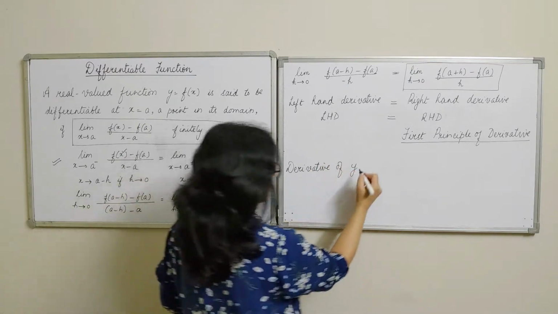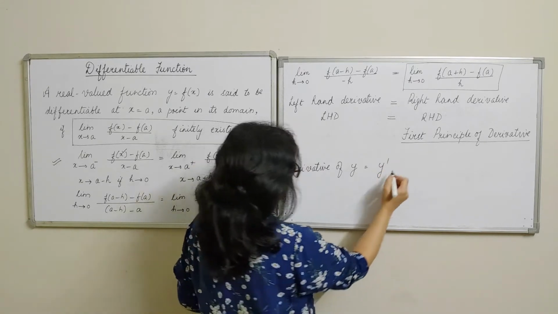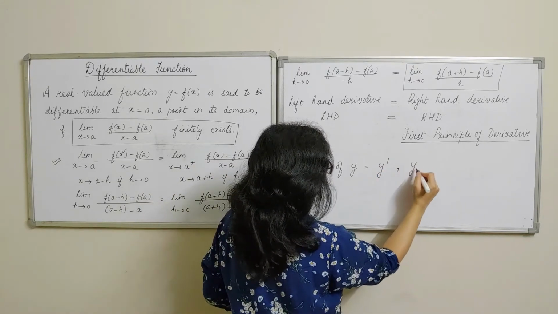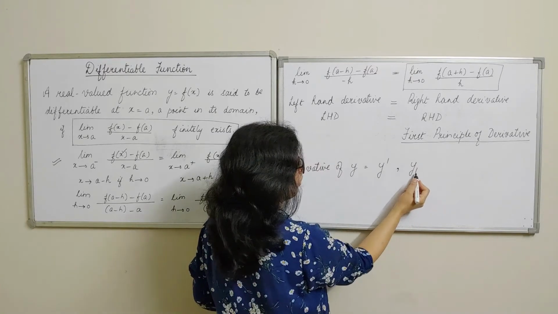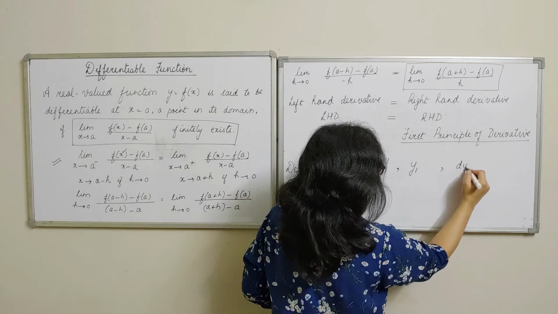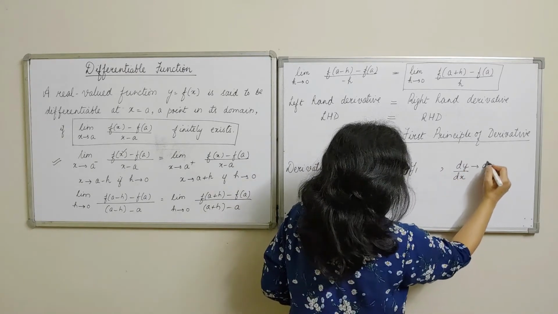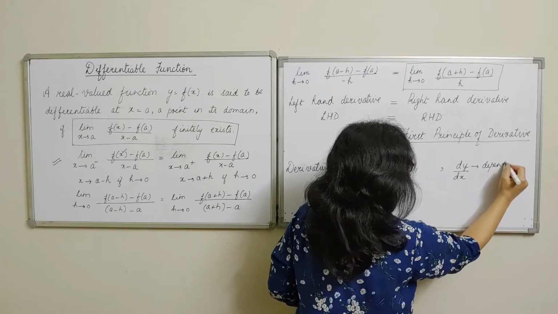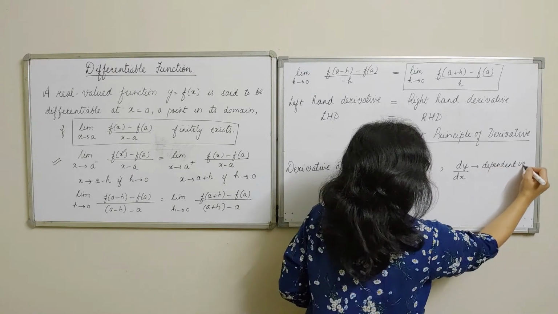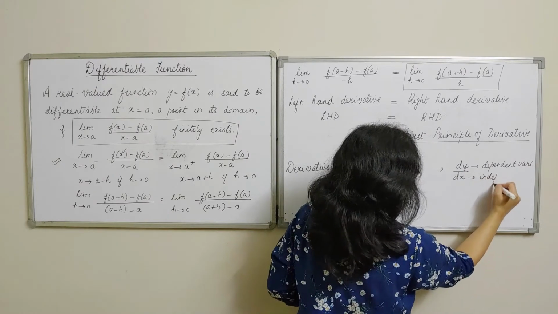Symbolically, the derivative of y can be written like this. We read it as y dash. It can also be written as y1, where 1 is the subscript. We can also write it as dy by dx, where y is the dependent variable and x is the independent variable.